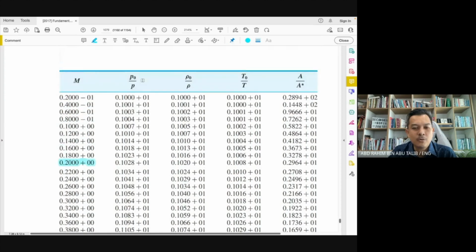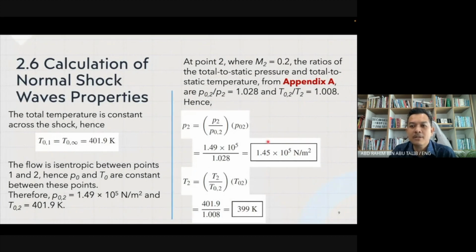So we also have the values of pressure ratio and the temperature ratio. You use this number and this number in the expression, and you will get P2, the pressure at position 2, as 1.45 times 10 to the power of 5 Newton per square meter, and the T2 value becomes 399 Kelvin.